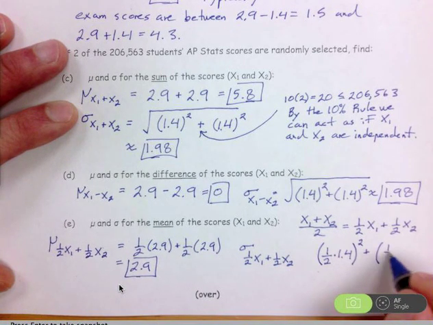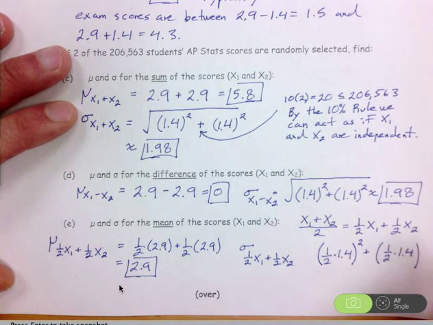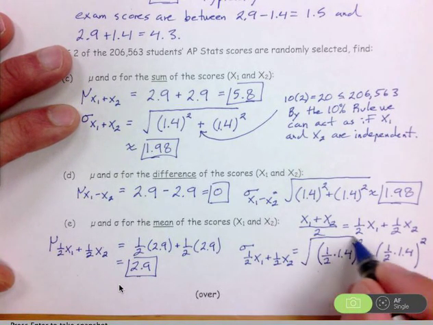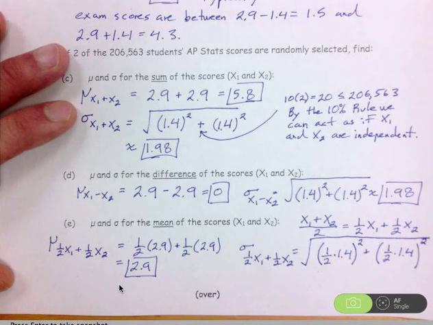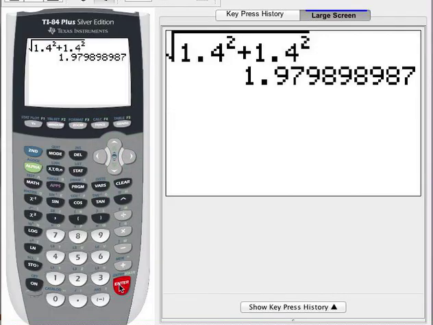x2's standard deviation has been cut in half by the multiplication. So there's the old standard deviation times the half. I'll turn it into a variance by squaring it. And of course, to find the standard deviation, then I need to take the square root of that combination. So we'll put that in the calculator and we'll be in good shape. So here, we'll take the square root of, and I'm going to use some parentheses here.